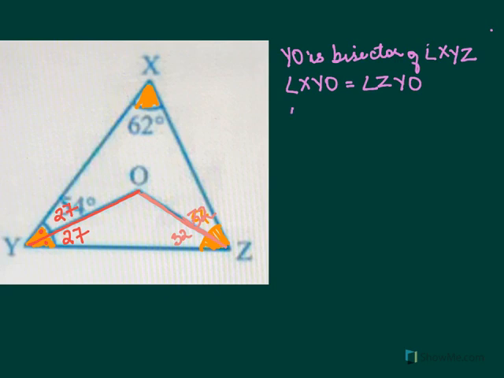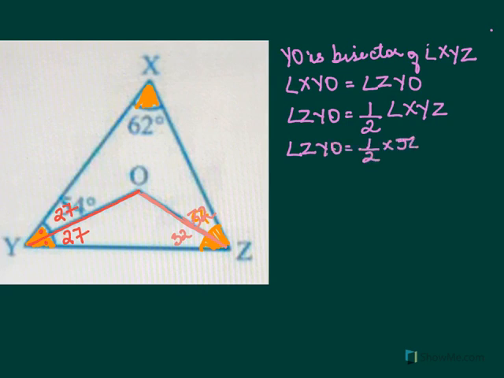Each of them, so here we'll take this angle, angle XYO will be half of 54, or half of angle XYZ. So angle XYO is half of 54, and that would be 27.